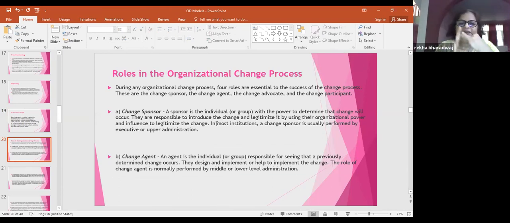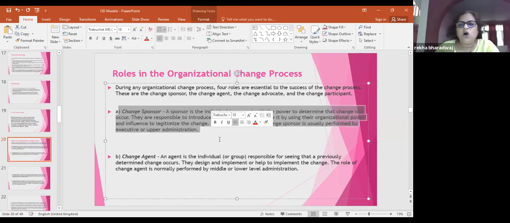So you need the change sponsor, the change agent, the change advocate, and the change participant. So the change sponsor is the individual or group with the power to determine that change will occur.